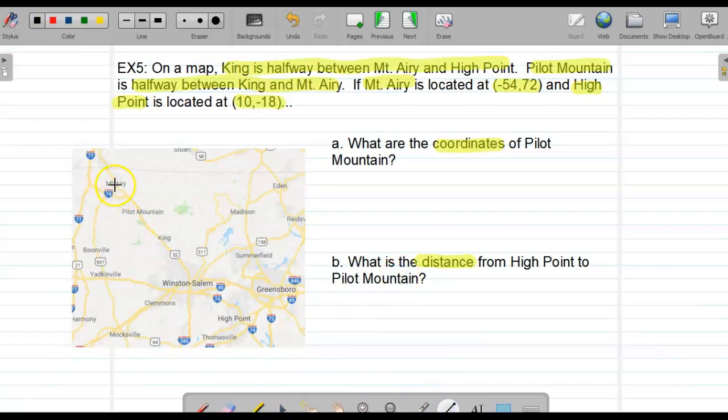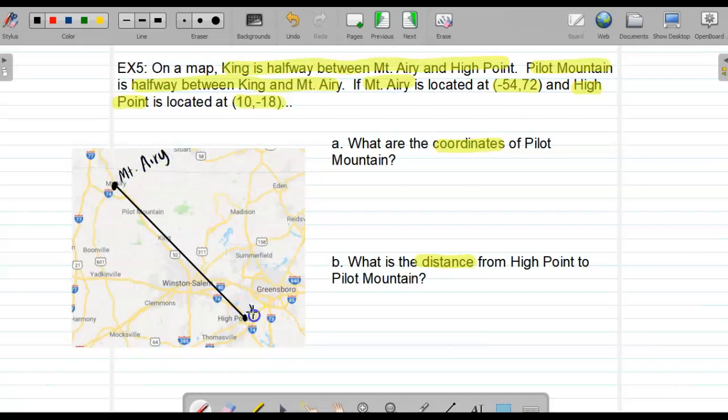I'm going to draw my picture on this graph right here because we're looking at an actual map. You guys may just want to draw a line and we'll see we've got Mount Airy here.